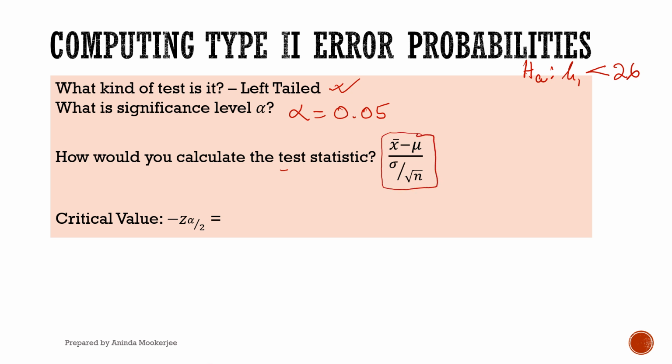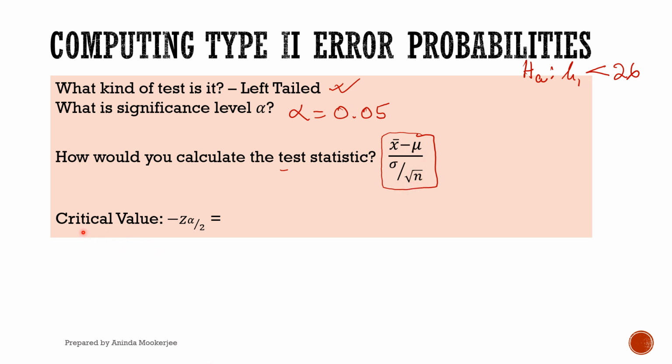Remember, the population standard deviation was given to us, so we would use the sigma value in our computation of the test statistic, and we would come up with a z value, right? We would use the z distribution. It would be a z test procedure. But we do not need to find this because they're not asking us to perform the hypothesis test, right?